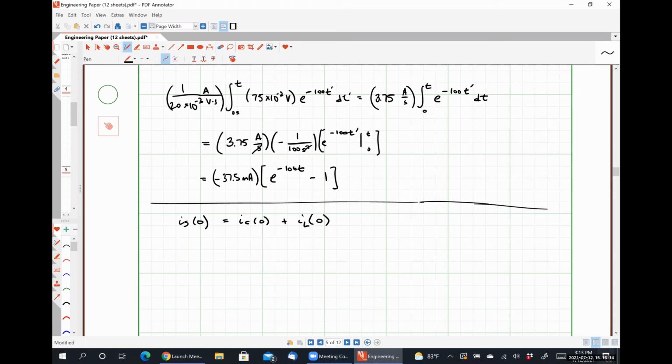All right, nobody's saying much of anything. So, which of these terms do we know? IS at 0. Okay, so we don't know that one. We're obviously trying to find this one. Any thoughts on how we might find IC at 0?